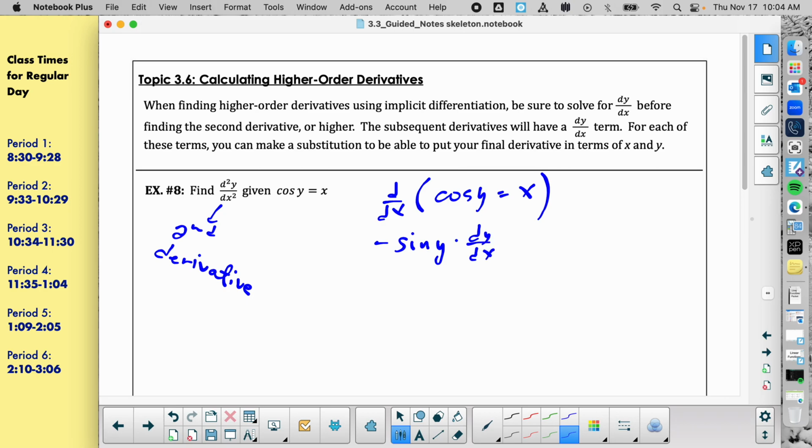The notation they used was d squared y over dx squared. If we write y prime, then it's equivalent, but it's not the same. It's annoying. It's a stupid rule. Would we get flexibility on our test? No. On the AP test? Definitely. Got it. That's why I said it's a stupid rule, but I'm not the one that made the rules. I'm also not the one that grades the rules.